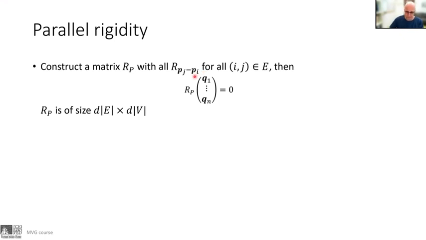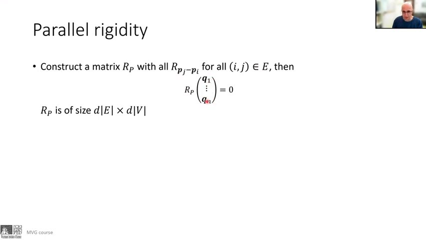Think about it: you have the graph. The nodes represent P1 to Pn, and the edges represent Pj minus Pi for every pair of nodes. In this equation, R_P contains all the R_(Pj minus Pi) for E, and the vector contains all the points Q1 to Qn.